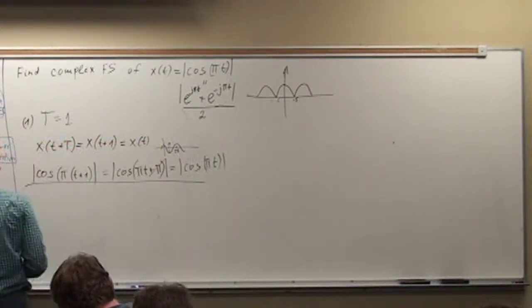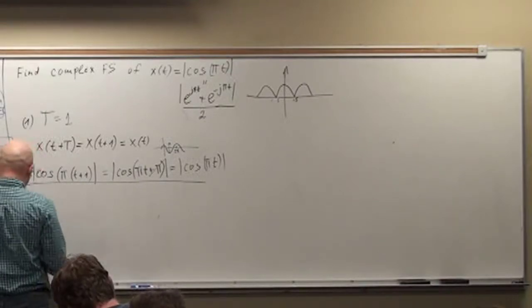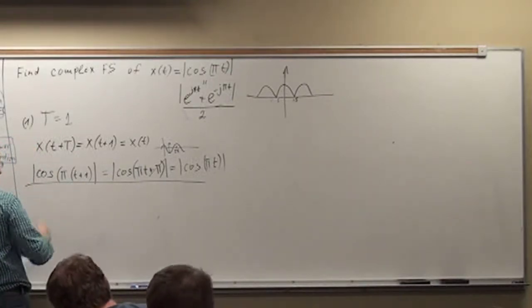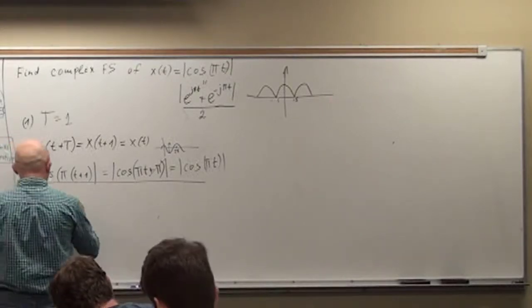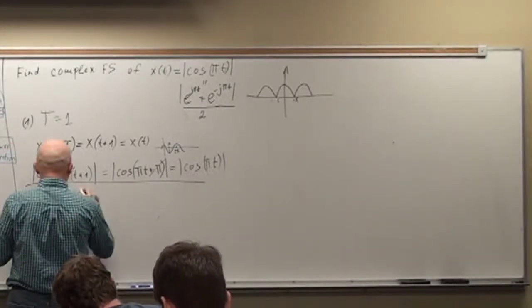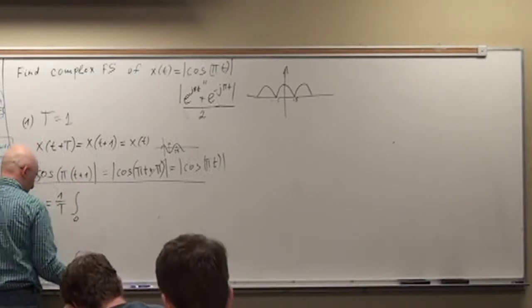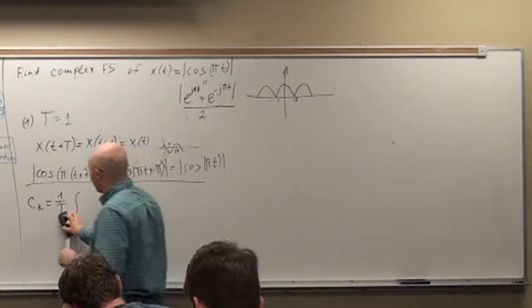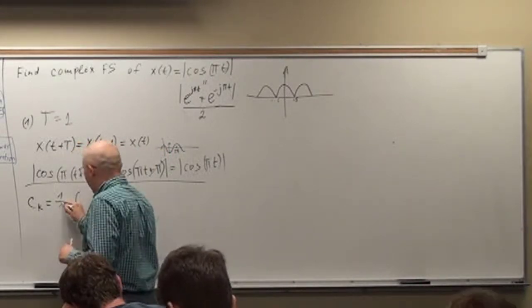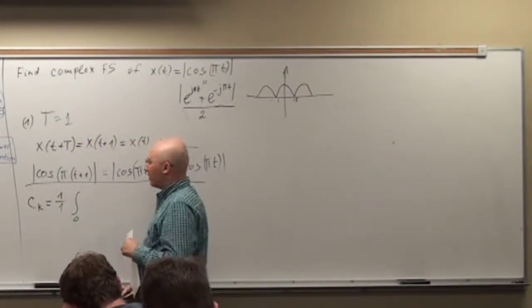So you want the formula for that thing. So you want c_k equals 1 over T, integral from 0. In that case, let's write it directly because we have the formula already there. So T will be 1, right? This is our period.